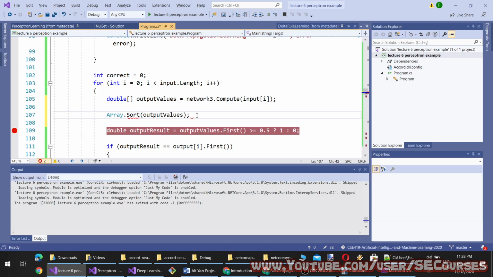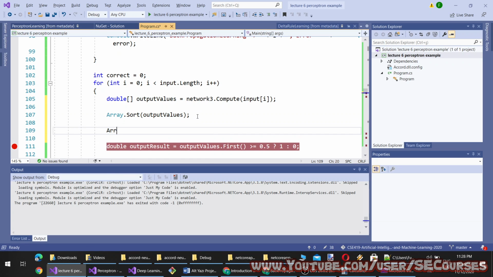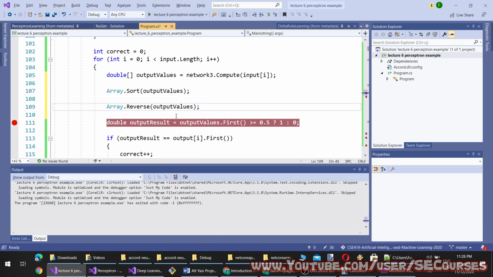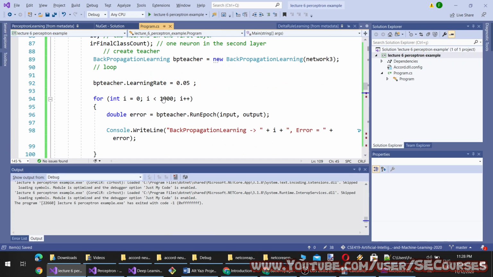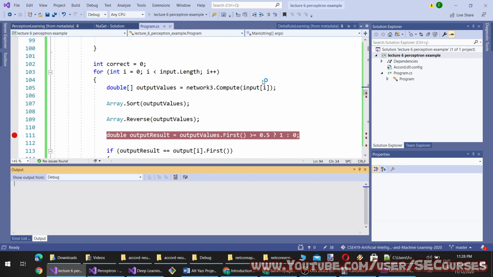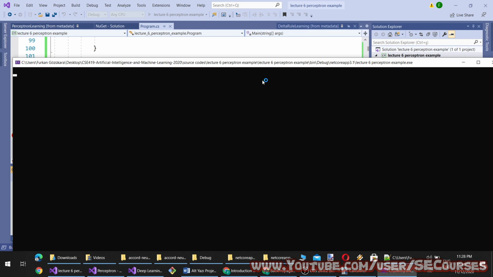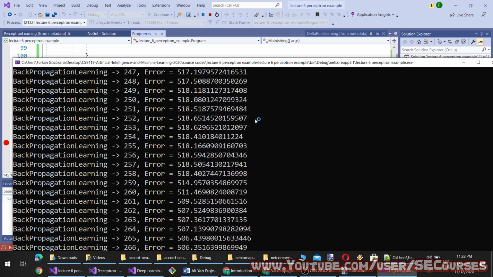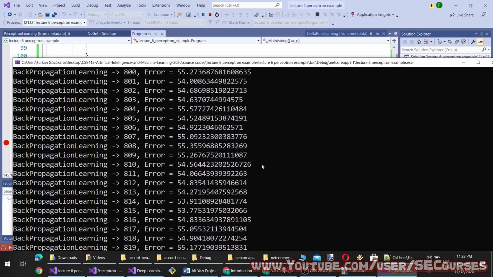So this will sort ascending, then I will use array reverse. So this will make it a descending sort. And let's make it 5000. Okay. So with 5000 iterations, we are getting a really good error rate.